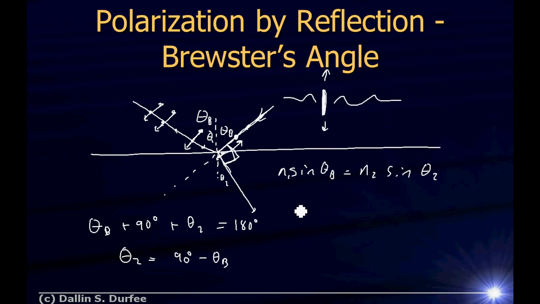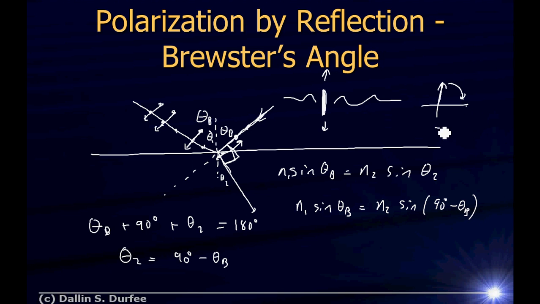So we'll plug that into here. N1 sine theta Brewster is equal to N2 sine theta 2, which is 90 degrees minus theta Brewster. Well, if you imagine, here I am, I'm up at 90 degrees, and then I'm subtracting off theta Brewster, and I'm taking the sine of that, right? When theta Brewster is 0, this starts at sine of 90 degrees, which is 1, and it gets smaller.